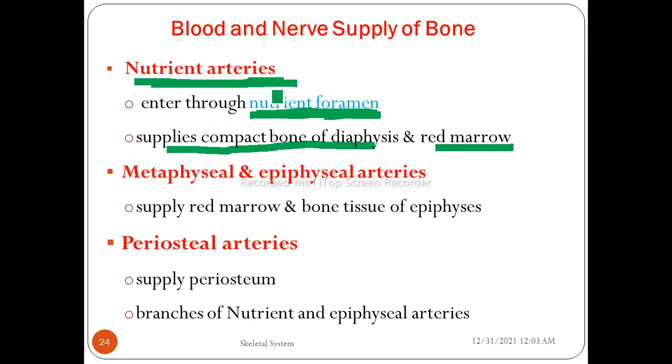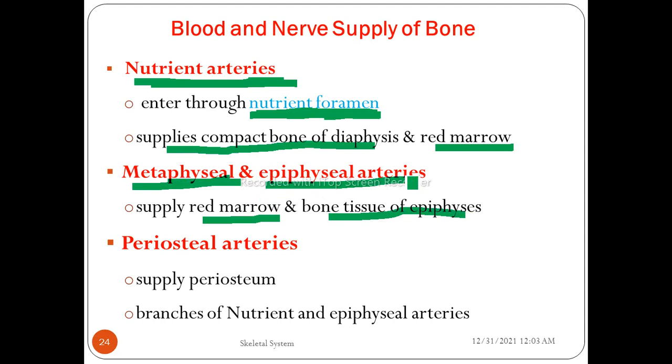The second group of arteries are the metaphyseal and epiphyseal arteries. Both supply the red bone marrow and bone tissue of the epiphysis.